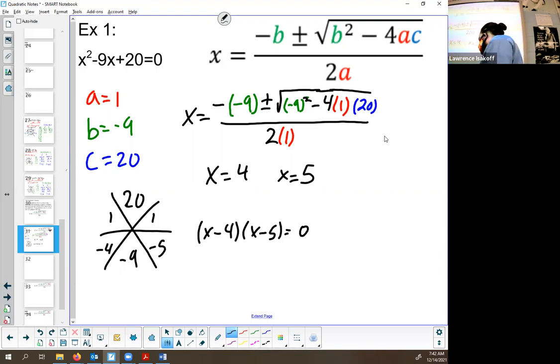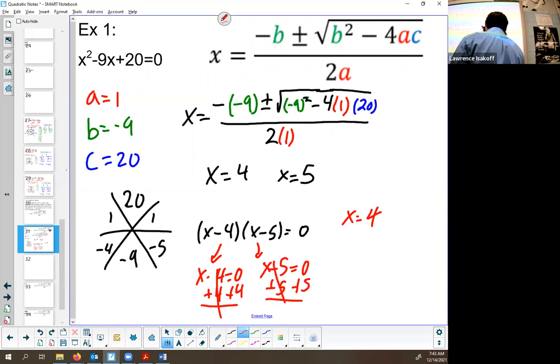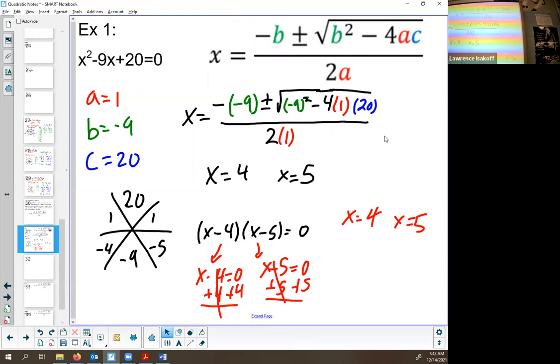Then if I do my split and solve on the snowflake, x minus 4 equals 0, x minus 5 equals 0, add 4, and we get x equals 4, add 5, and again, we get x equals 5. Exact same answers we got with the quadratic formula.